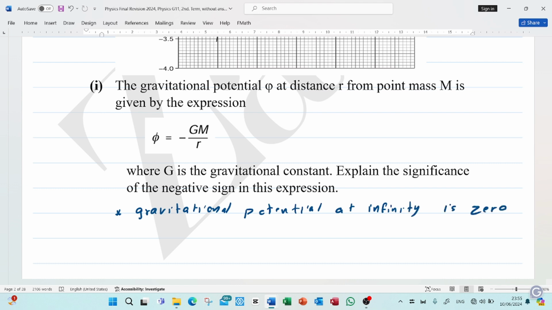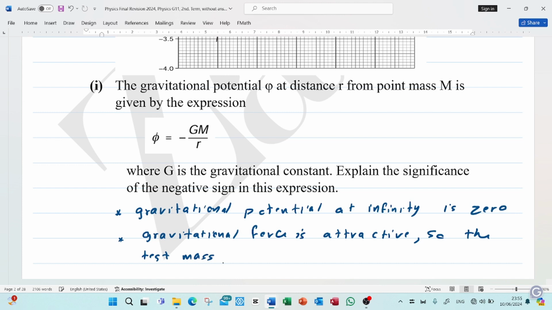Gravitational force is always attractive, and so the test mass moves from infinity.